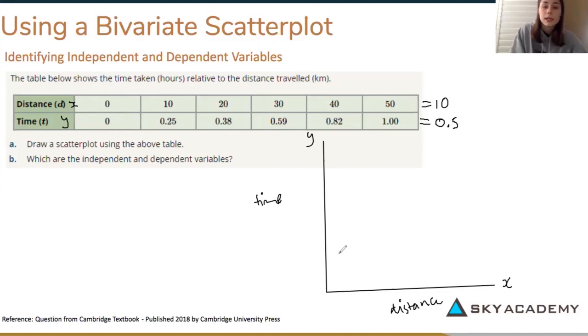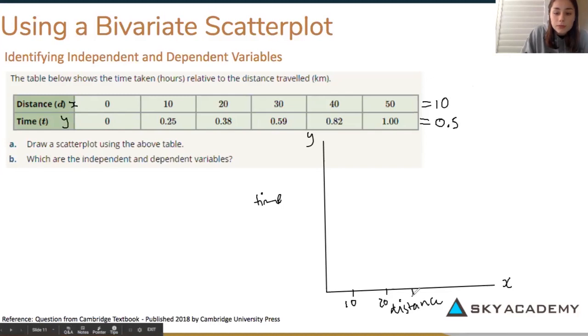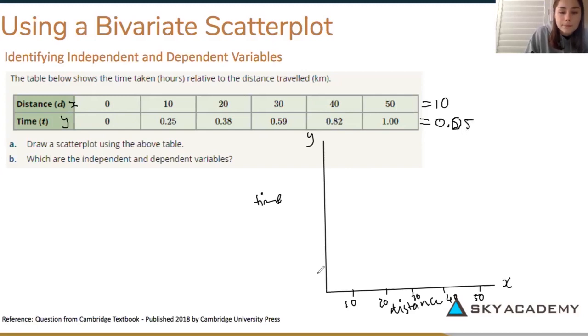All right, let's put in our distance. So we have 10, 20, 30, 40, and 50. And I'm going to do, oh, I want 0.05, sorry. Okay.